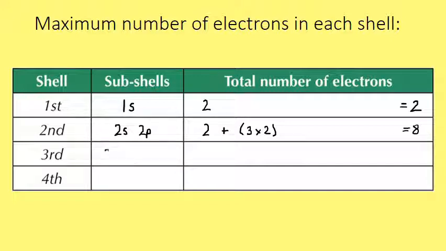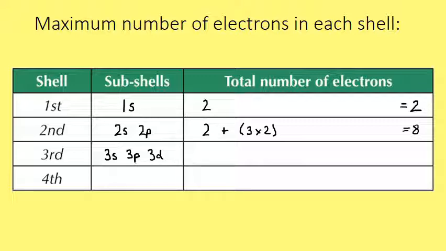Okay, so let's move on to the third shell. So again, the first subshell is the s subshell, and it's in the third energy level, so we call it the 3s orbital. And next is the 3p orbitals, because we've got 3 p orbitals in the third shell. But now we've also got d orbitals. All right, so it's the third shell. We've got d orbitals, and you remember from the previous slide that there are 5 d orbitals. Okay, so let's count the number of electrons.